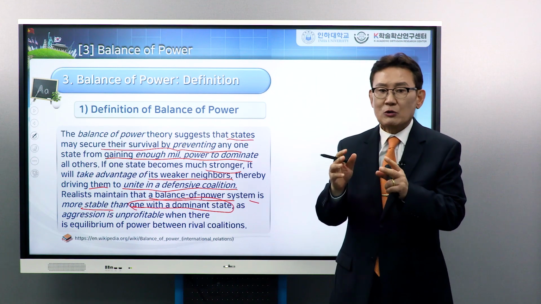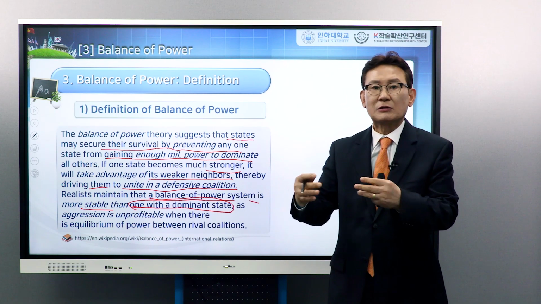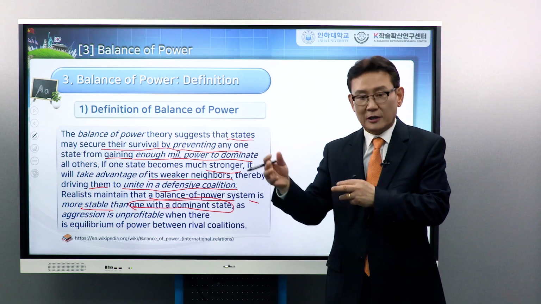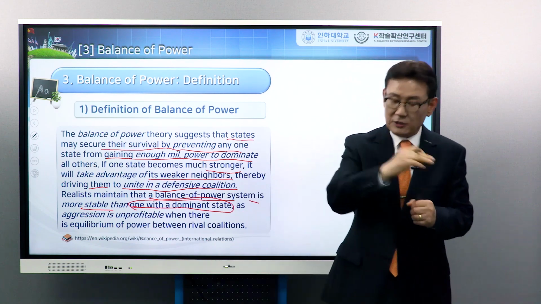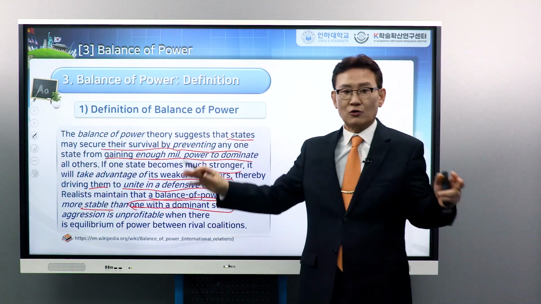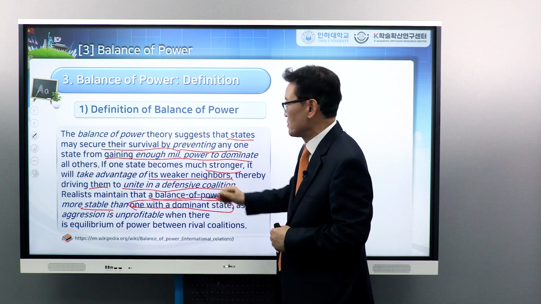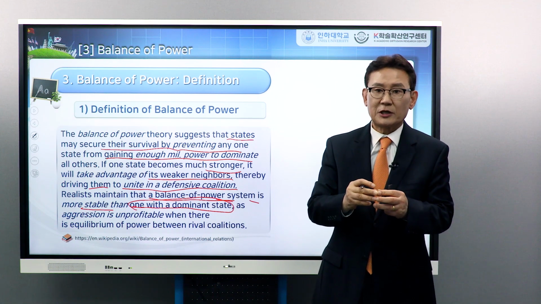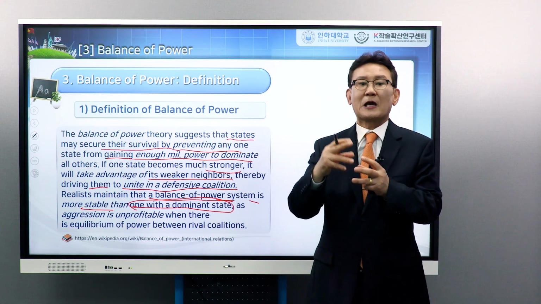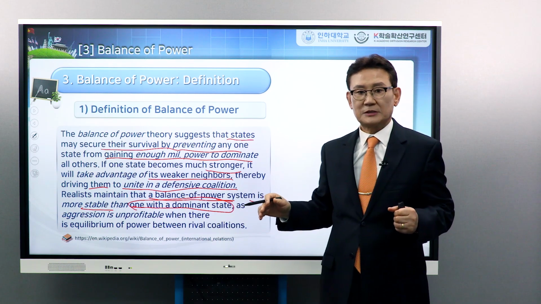One is all the countries making a coalition in order to prevent one country from gaining dominance and governing all the countries. But realists maintain the balance of power system is more stable. So making a coalition against a powerful country is more stable than one country dominating all other countries.